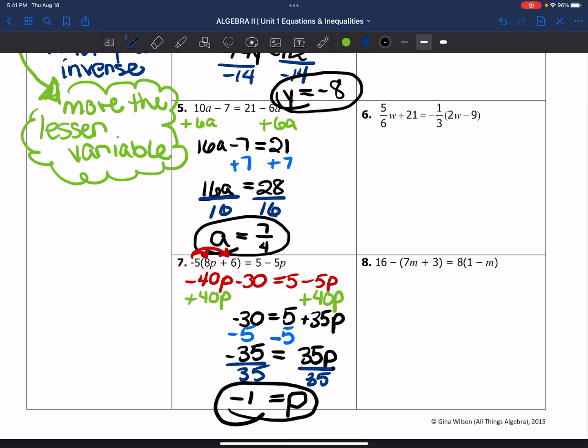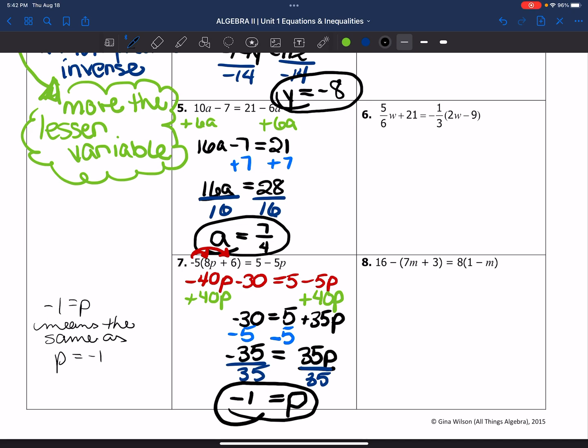And I'm so glad we had one that ended this way as we conclude our video. It is totally fine if your final answer is written like this with your variable on the right side. This means that right there, that negative 1 equals p, it means the same thing as writing p equals negative 1.